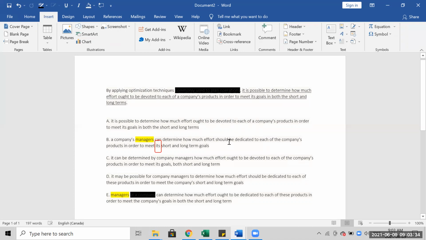Ought to be, should be. How much effort should be dedicated to each of these products? I don't know what the point of having each of these products is.